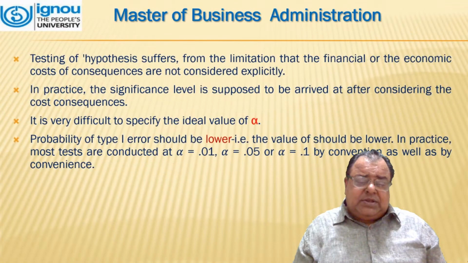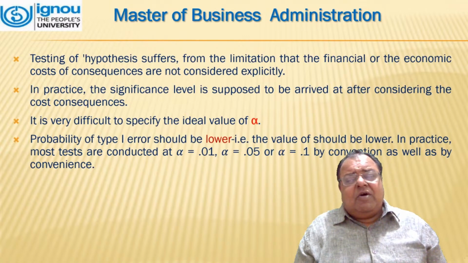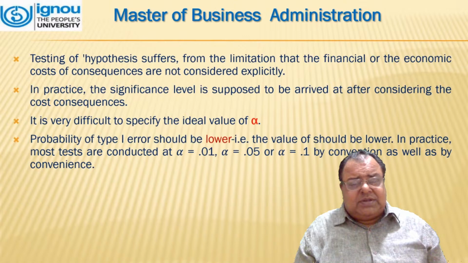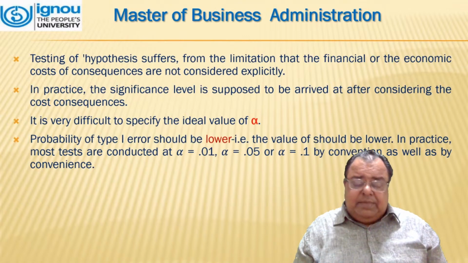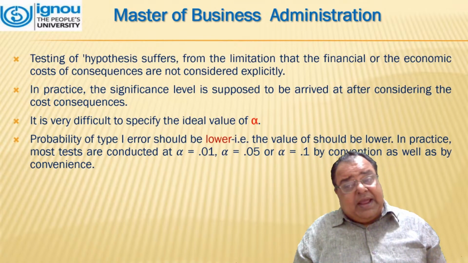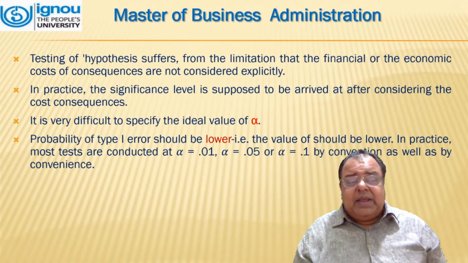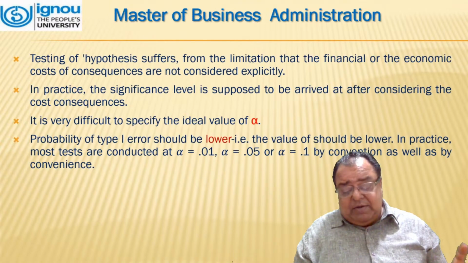Testing of hypothesis suffers from the limitation that the financial or the economic cost of consequences are not considered explicitly. In practice, the significance level is supposed to be arrived at after considering the cost consequences, and it is very difficult to specify the ideal value of alpha.